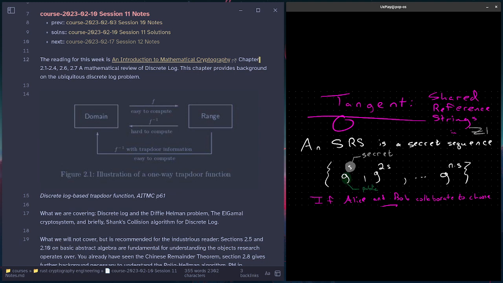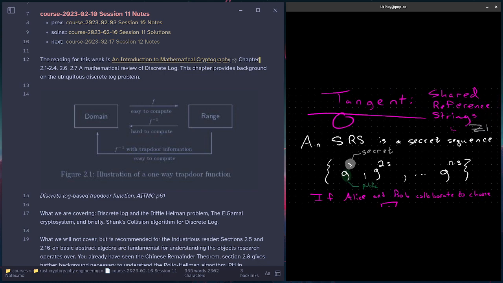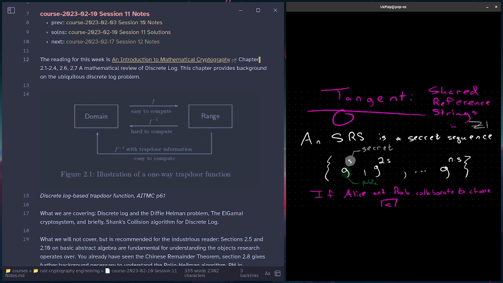Well, you'd be correct, but as we're about to get to, we can use the discrete log problem to construct whatever form of shared reference string that we want to construct. So this particular shared reference string is constructible simply by saying if we want a group of people to share some secret, it would be trivial for Alice to say, I'm going to pick s, and I'm going to compute all of the values from g to the s to g to the n times s.